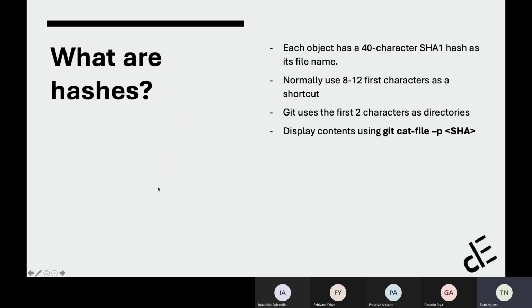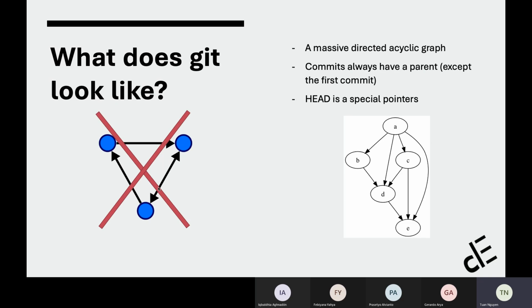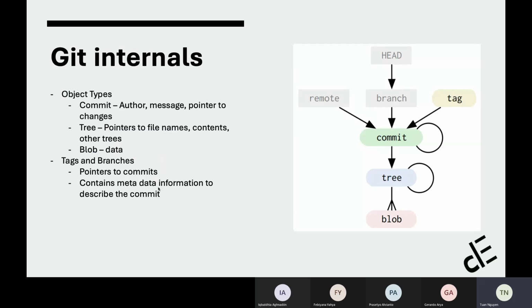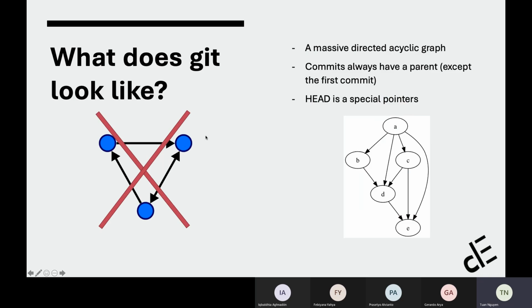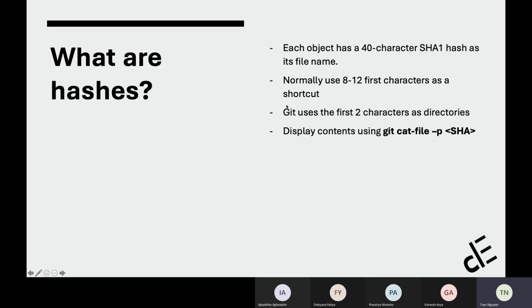All right. So to be able to understand how Git works, we need to understand the hashes that it uses. As I already mentioned before, there are 3 object types: commits, trees, and blobs. Each object is basically just a file name, and Git uses a 40 character hash as the file name.